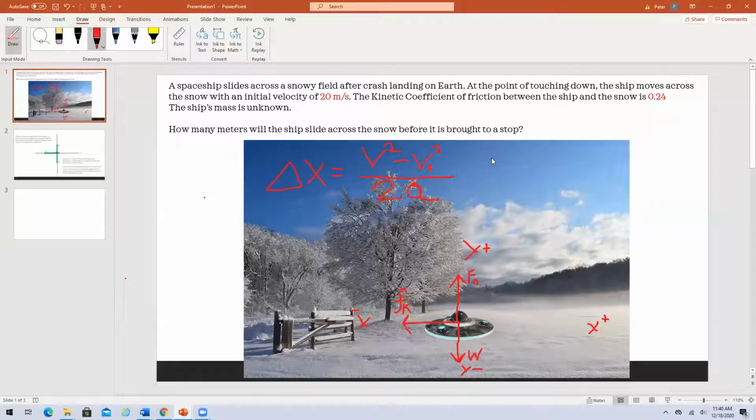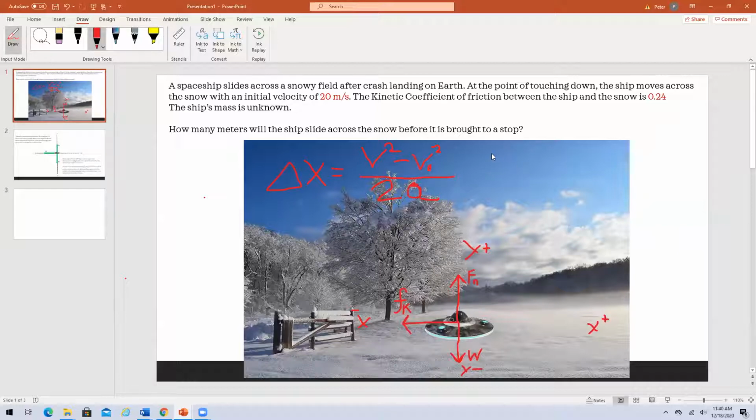Let's try to define A. We know from Newton's second law that the sum of all forces will equal the mass multiplied by the acceleration of the object that those forces are acting upon.